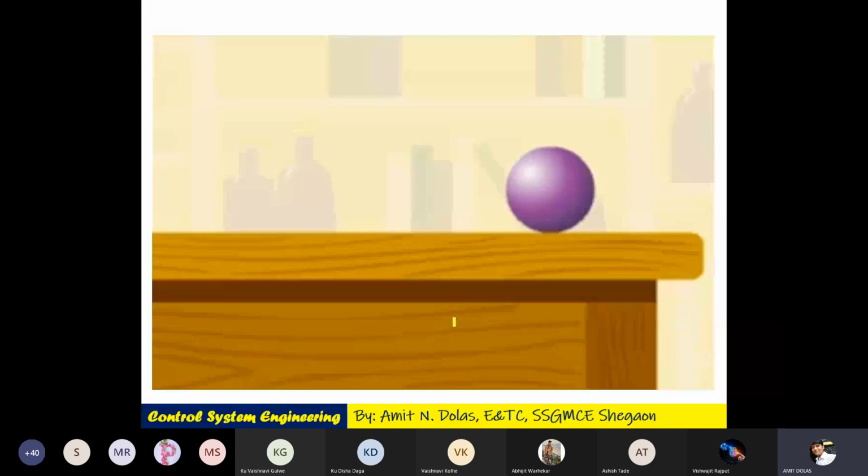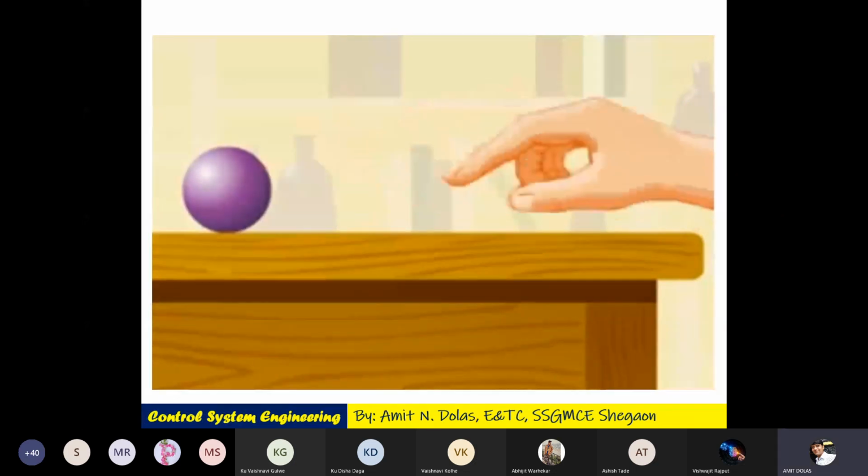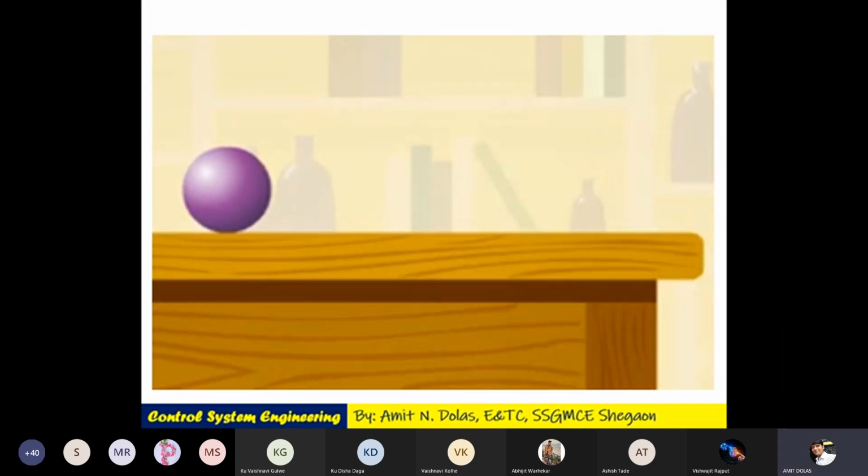On a table, a small ball is kept, which is of course stable. If we apply a force, again due to the highlighter it is not working, it is an animation. Yes, if you apply a force, it will move, but doesn't come back to the equilibrium position.